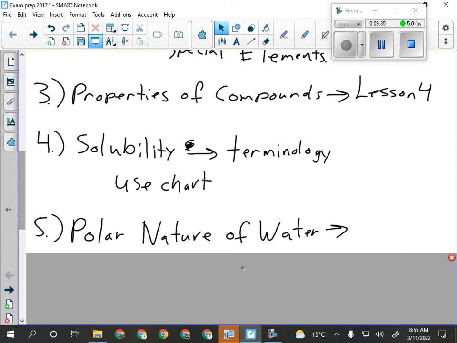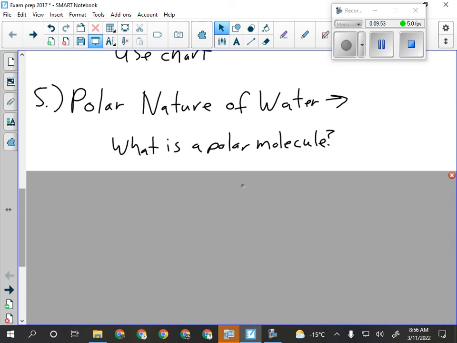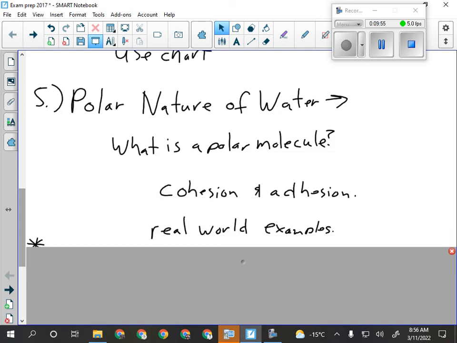Be able to tell me what a polar molecule is, how it works, what behaviors it will show, and probably be able to tell me how some living organism uses it to its advantage. Okay, so what is a polar molecule? Cohesion and adhesion, real world examples.